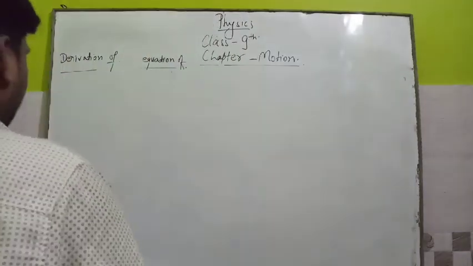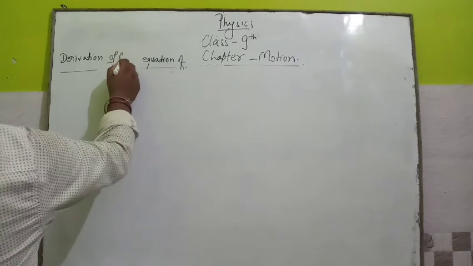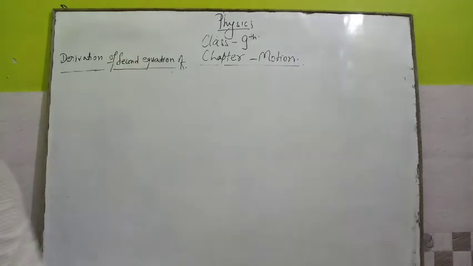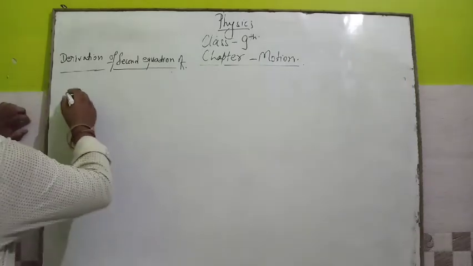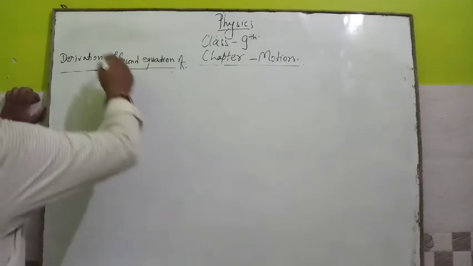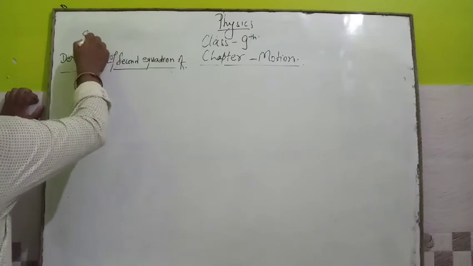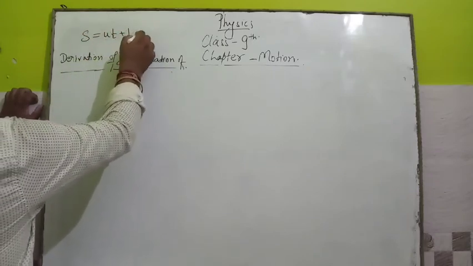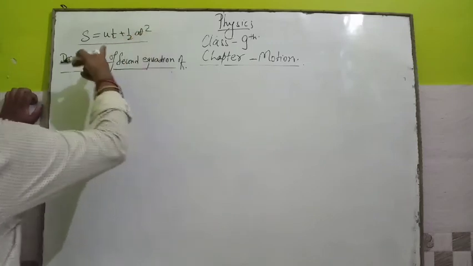Derivation of the second equation of motion. As you know, the second equation of motion is s is equal to ut plus half at square. We have to prove this.